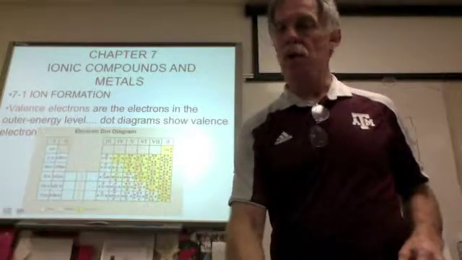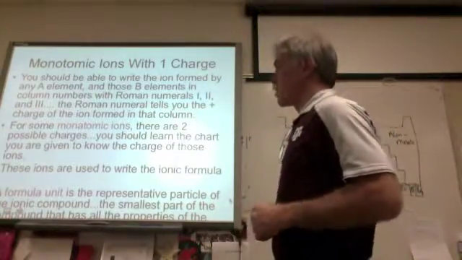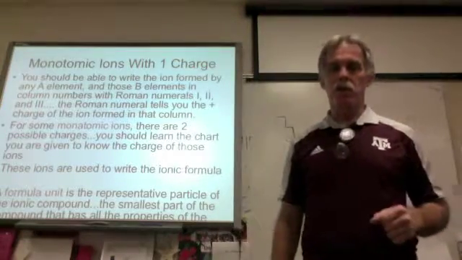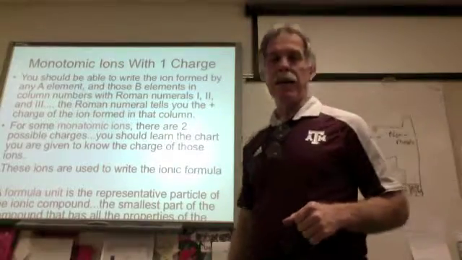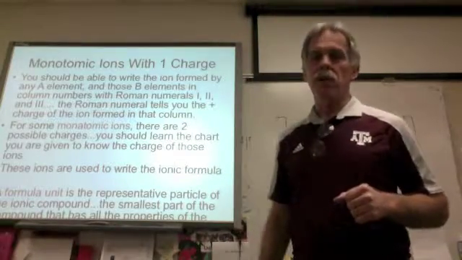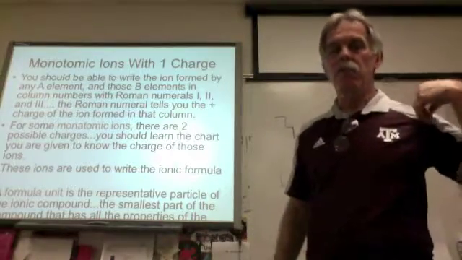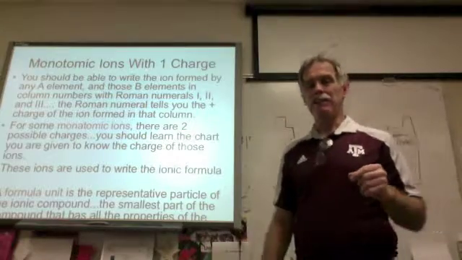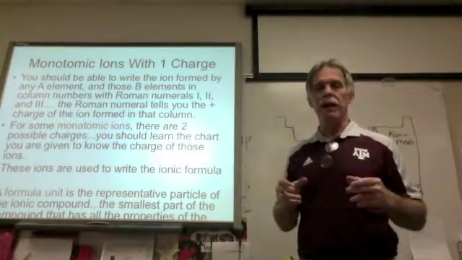Another thing that you'll want to do is be able to determine when an atom becomes an ion, what the charges are. So we have these monatomic ions that have one charge. The A elements, for the most part, all have one charge. And this is really easy because in about 2 minutes you could know about 20 of these ions.